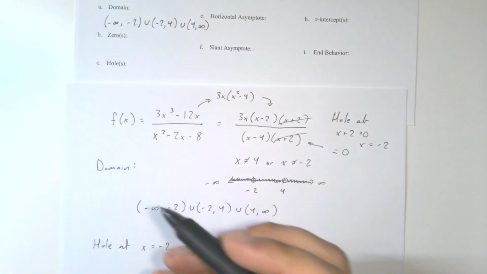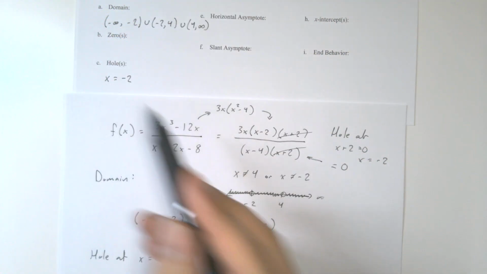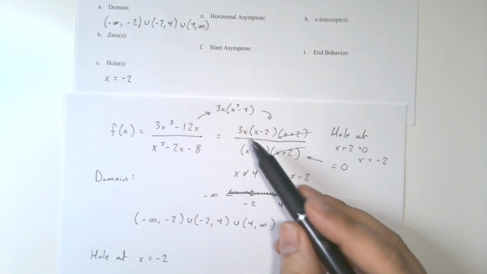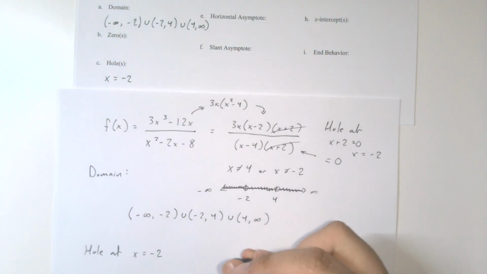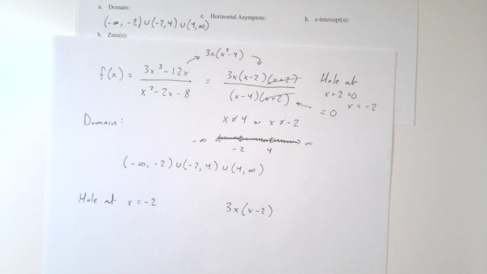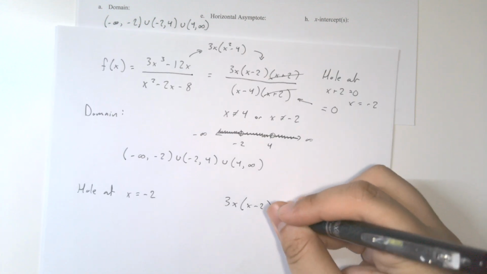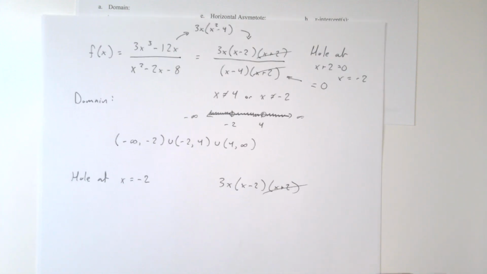For the holes, we had x is equal to negative 2. And now for the zeros, we just want to figure out for the numerator where we have zeros. So let's look at this. We have 3x times x minus 2 times x plus 2. But remember, x plus 2, we can't have a 0 because that's already a hole.